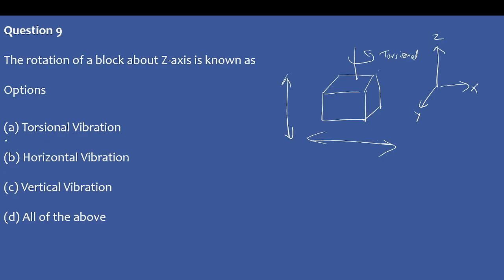So this is your torsional vibration. The correct answer is option A. The rotation of a block about z axis is known as torsional vibration. So let's move to question number 10.